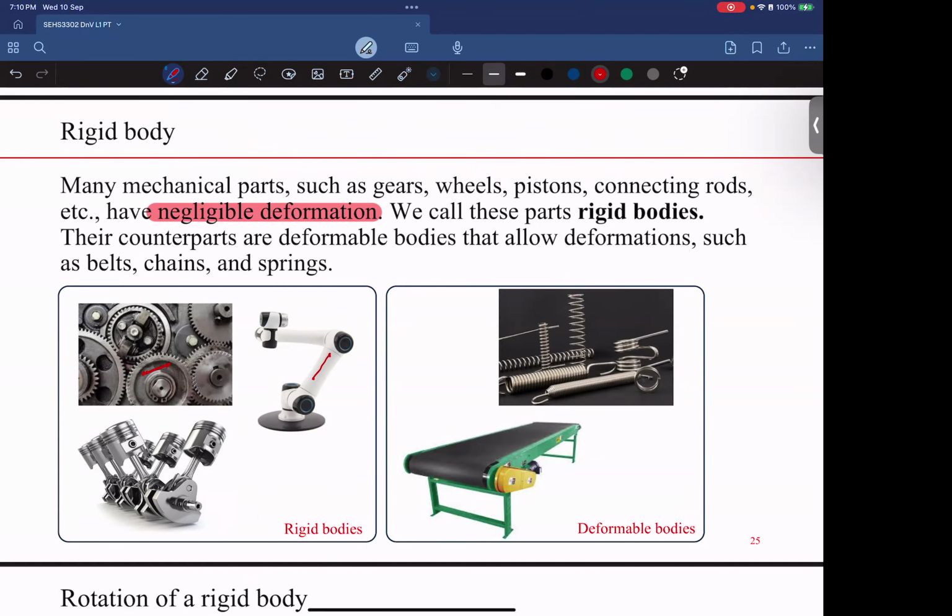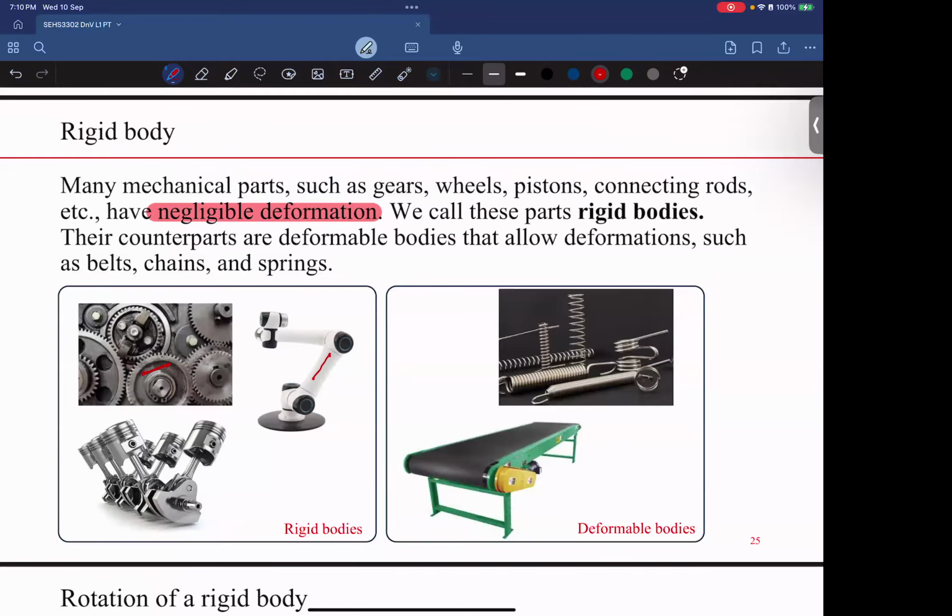This is why we call it rigid, because there's negligible deformation. That's why we call it rigid.